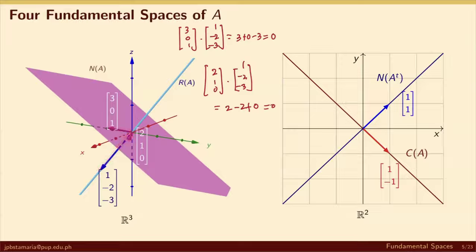Although we cannot see it visually because of our limitation, because we cannot move this around, you can check through GeoGebra that the pink vectors are at 90 degrees with the blue vector. Therefore, the plane that they generate is at 90 degrees with the blue line.